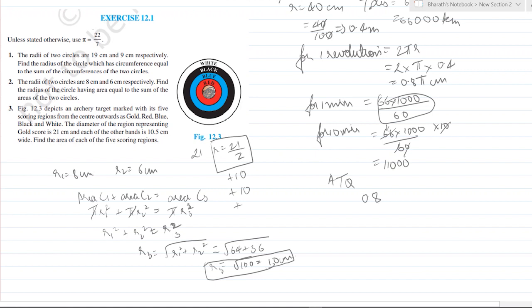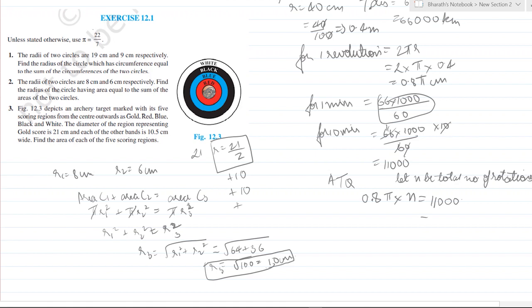So 0.8 pi, correct? 0.8 pi into n, let n be the total number of rotations, is equal to 11,000.